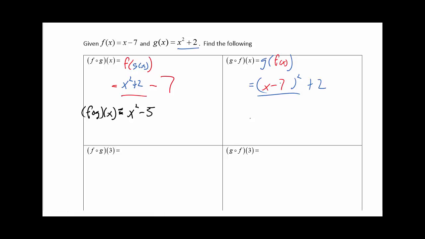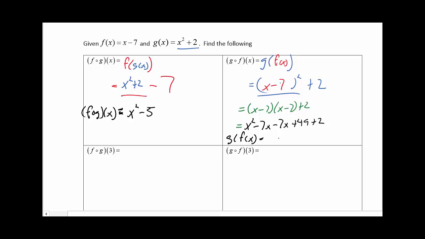At this point, we can do a little bit of simplifying as well, so that's x minus 7 times x minus 7 plus 2. I can see there's some foiling we can do, so x squared minus 7x minus 7x plus 49 plus 2. So g of f of x would be x squared minus 14x plus 51.